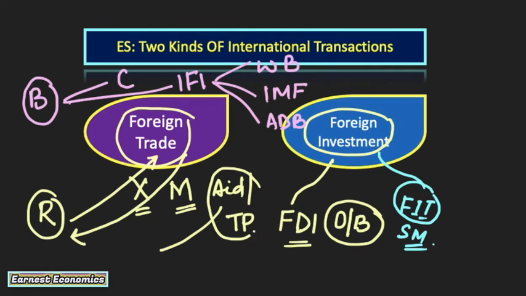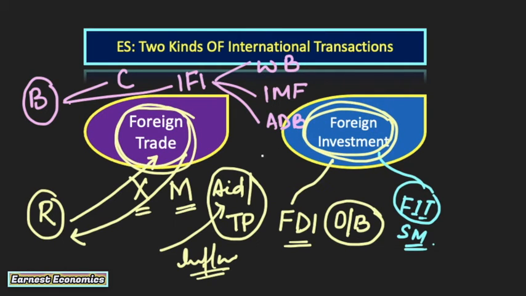Sometimes there is some calamity in a particular country, then others come to the rescue of that country. They send money to the country. So at that time, it also becomes a source of inflow of foreign exchange for the country. So the point here is that we have two major types of economic interactions or transactions between a country and the rest of the world, but we also have some other important transactions taking place between a country and the rest of the world.